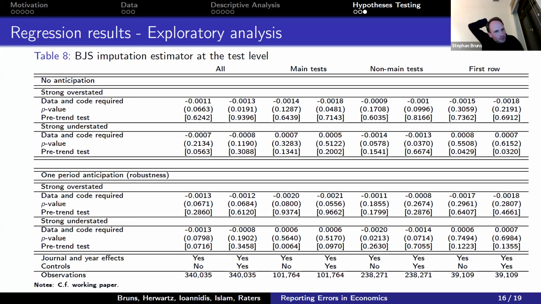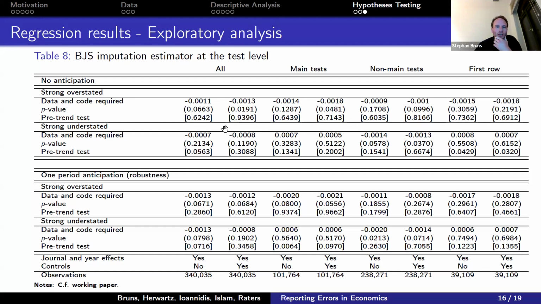And it has been recently shown that difference in difference designs become biased then. But there's already a paper by Borusyak showing that the imputation estimator is suitable for a staggered difference in difference design, and we applied this estimator.